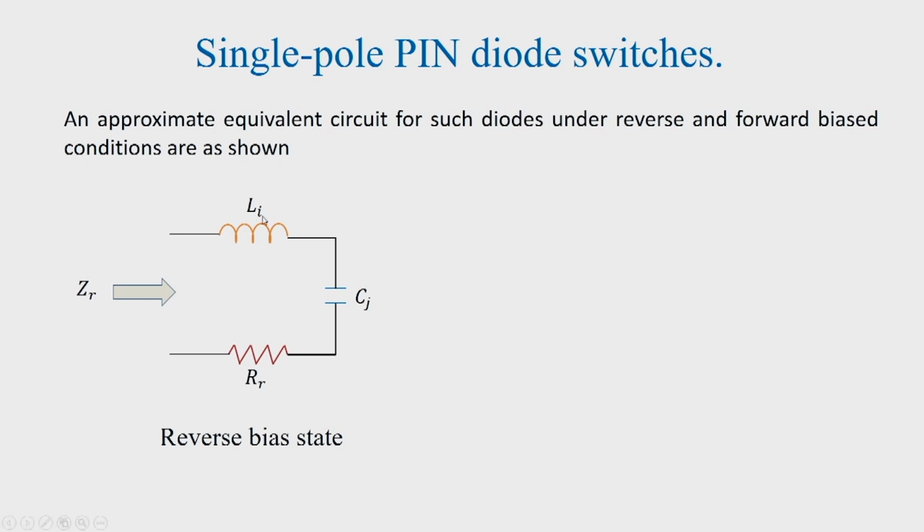So, we have Li as the inductance of the lead, Cj is the junction capacitance, and Rr is the resistance of the device under reverse bias condition.